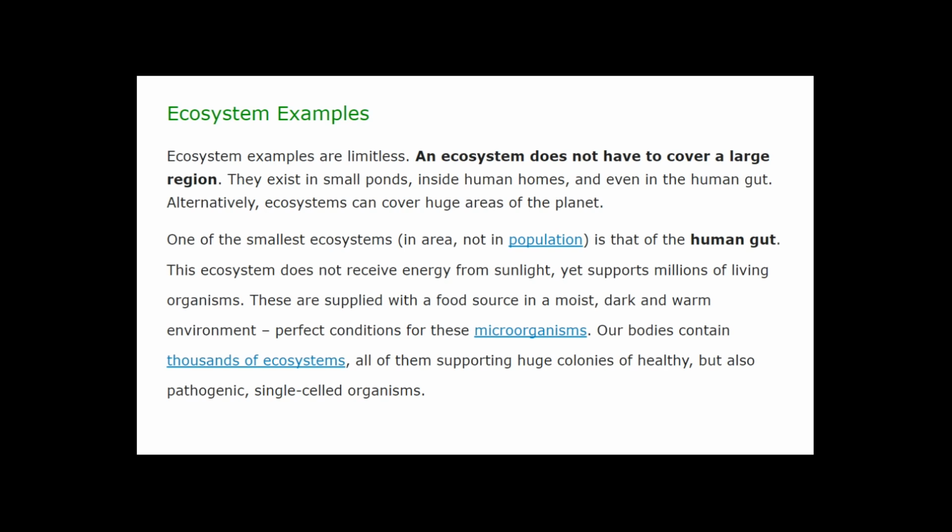And our bodies contain thousands of ecosystems, all of them supporting huge colonies of healthy but also pathogenic single-celled organisms. So the organisms themselves might be healthy, although they might make us unhealthy because they can be pathogenic, meaning they cause disease.